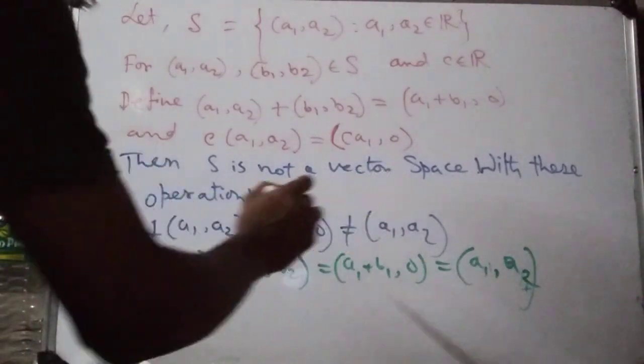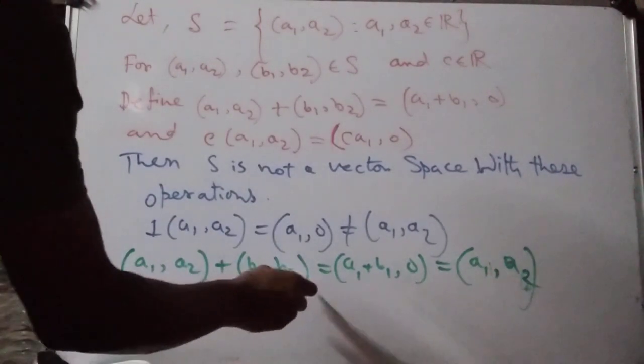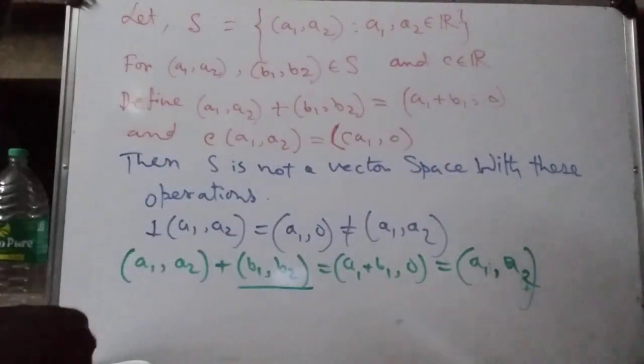However we add some portion here, we can't get (a1, a2).